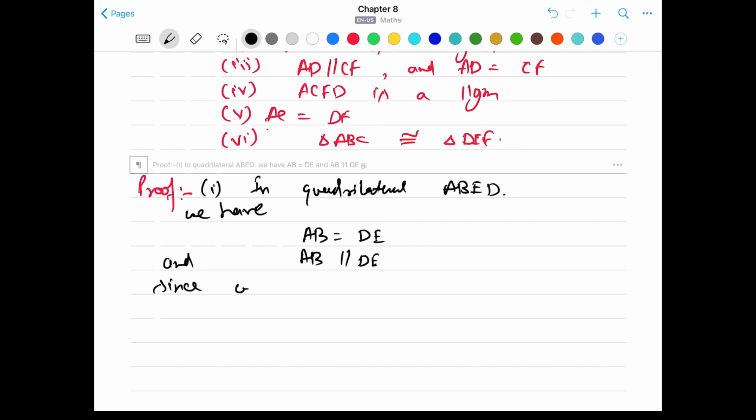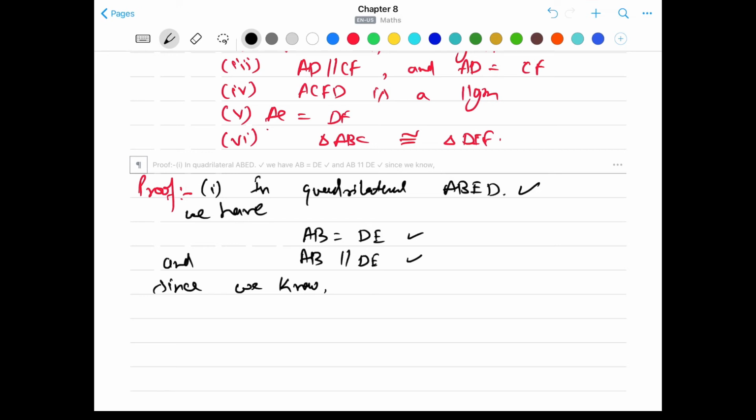So in quadrilateral ABED we got one pair of opposite sides equal and parallel. So by theorem 8.8, which says if in a quadrilateral one pair of opposite sides is equal and parallel, then it will be a parallelogram.